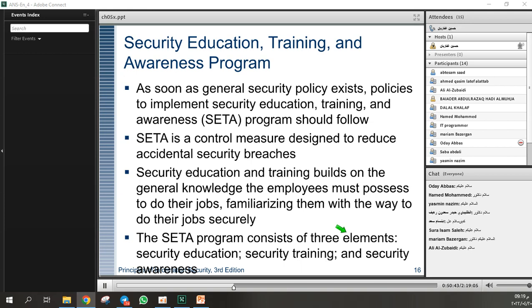Okay. One more important thing. As I showed, in the security sphere, half of the security is related to people. Half of the security.